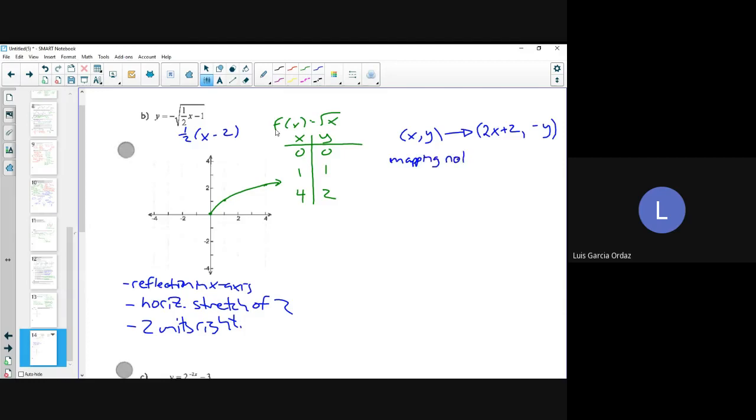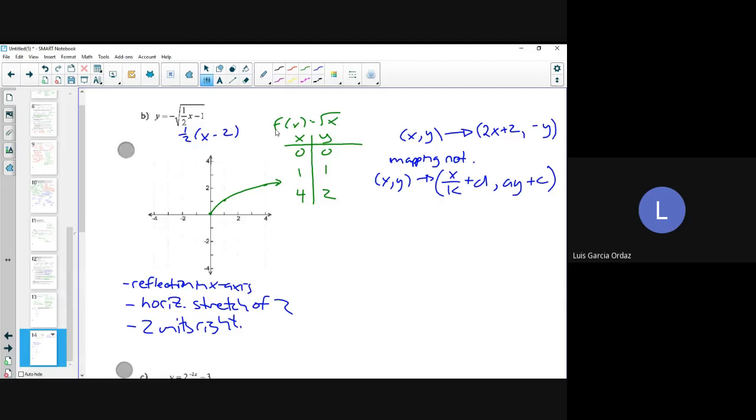So mapping notation: x, y goes to x over k plus d, and then ay plus c. That is our mapping notation.